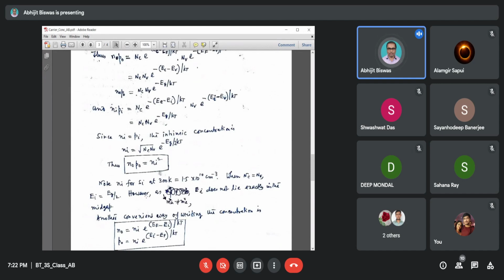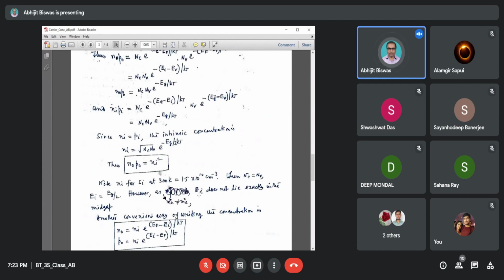On the left hand side, it is the quantity corresponding to the extrinsic material, that is N0, if we consider n-type semiconductor. So N0 will be much higher as compared to its minority carrier concentration P0, but their product will be equal to Ni square, the square of the intrinsic carrier concentration.